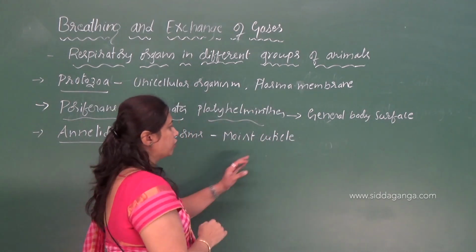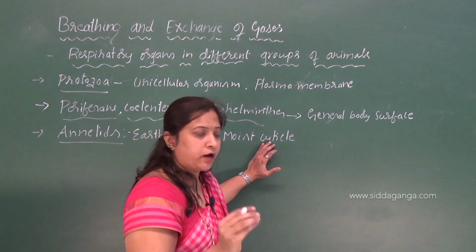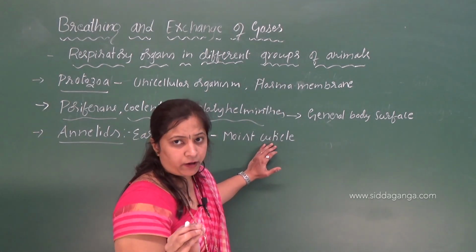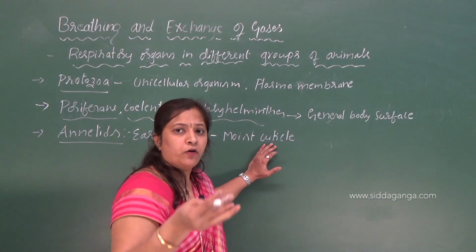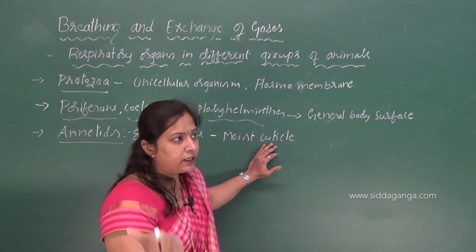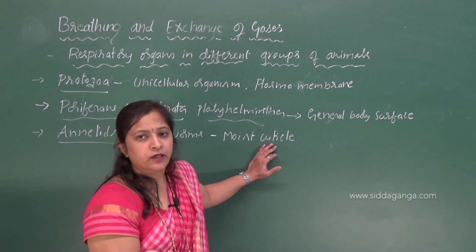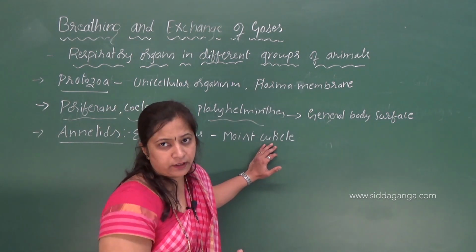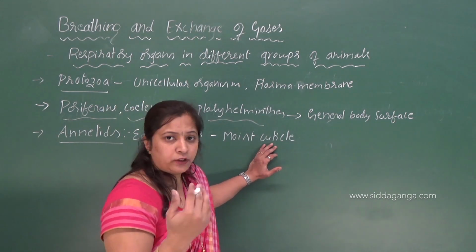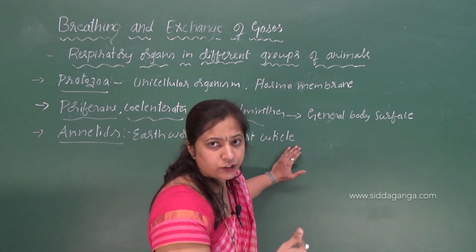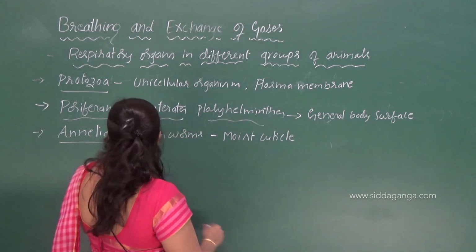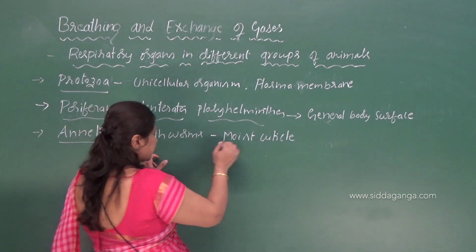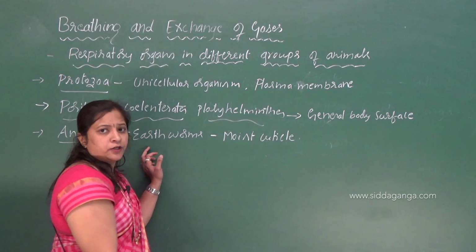Cuticle means what? Cuticle is nothing but a body covering. It is the outermost covering of the body. It is very thin, okay, and it is moist and it is highly vascularized. Highly vascularized means it is richly supplied with blood. Okay, so this moist cuticle helps in the exchange of gases. So the respiratory structure in earthworm is the moist cuticle.